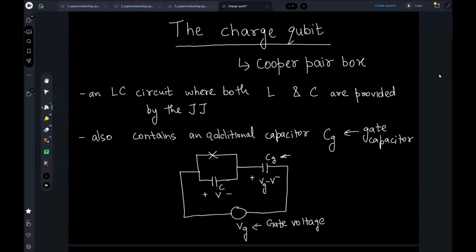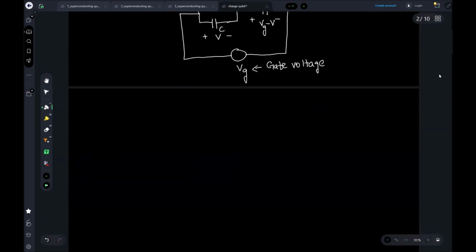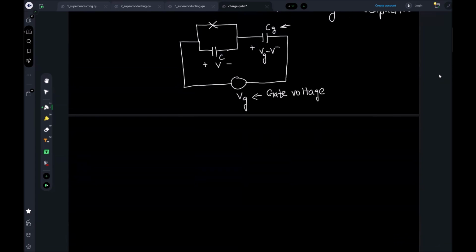Now, as shown in the figure, I'll assume that there is a voltage V across this capacitor C, and there is the voltage Vg minus V across the capacitor Cg. Now, if we were to write the energy stored in the capacitors, it would be as follows.